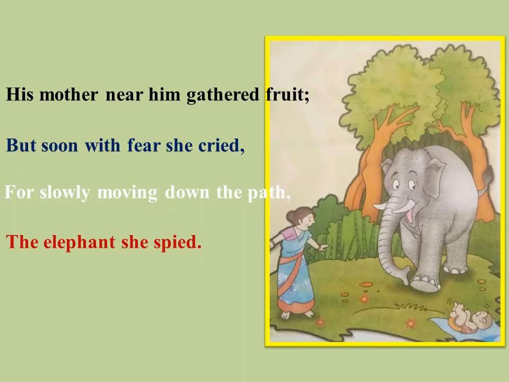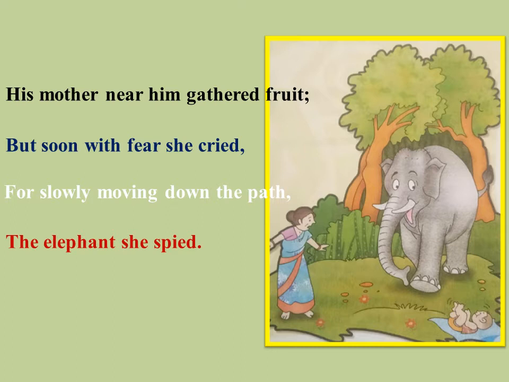The mother kept the sleeping child on the ground under the trees and started to collect fruits. But soon with fear she cried. Why did she cry with fear? Because an elephant was coming near her child, near her boy.